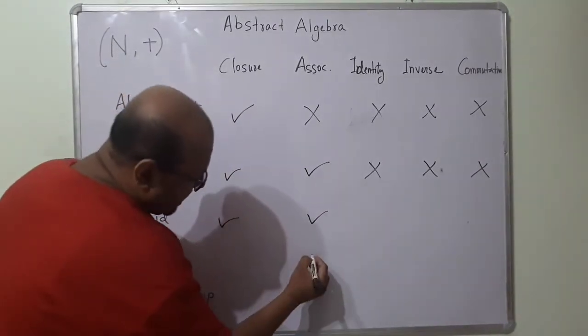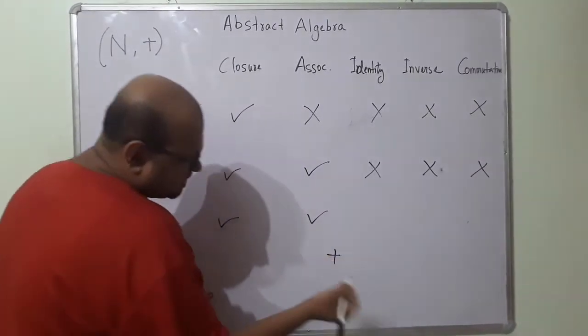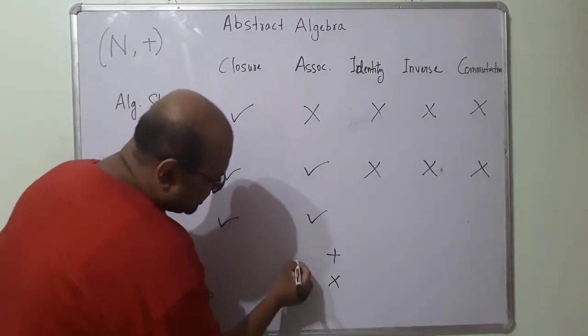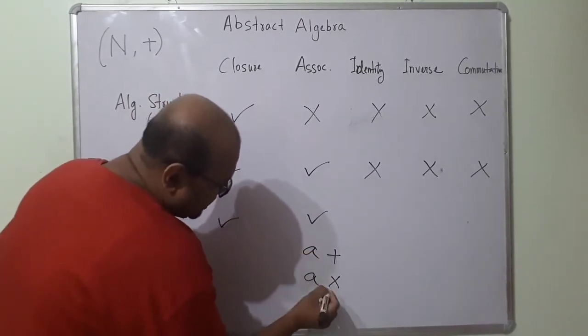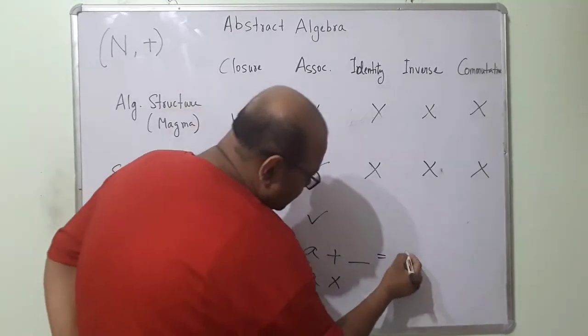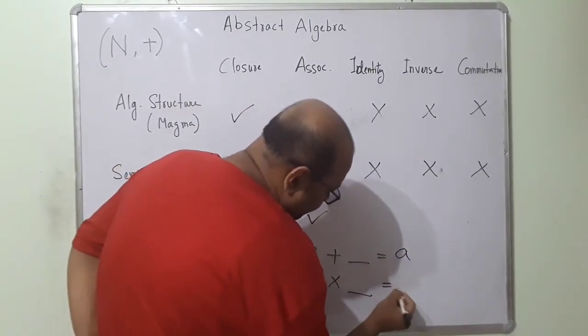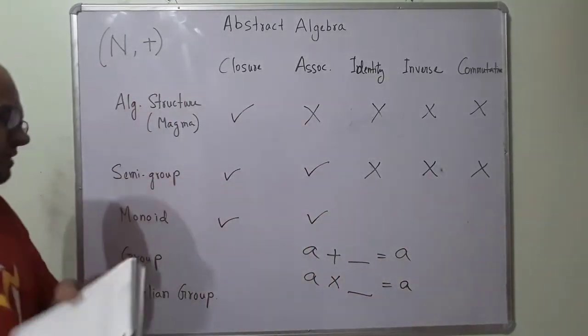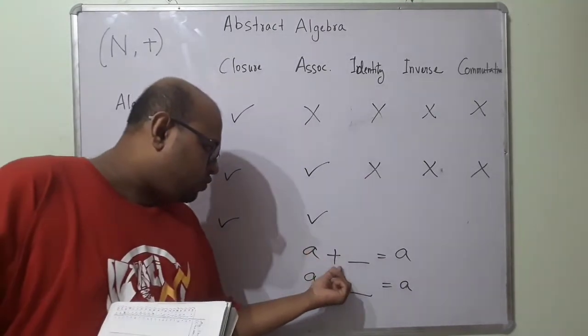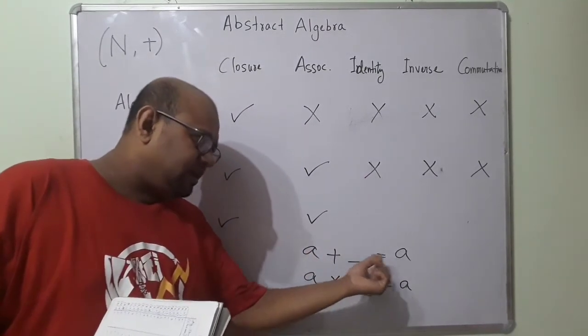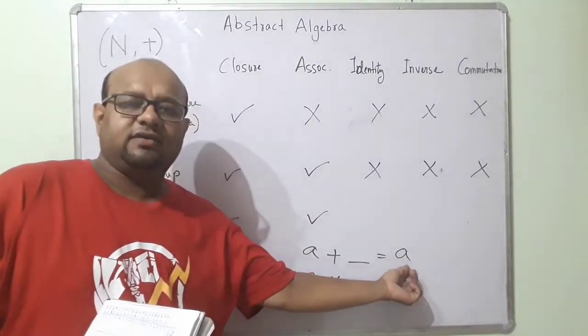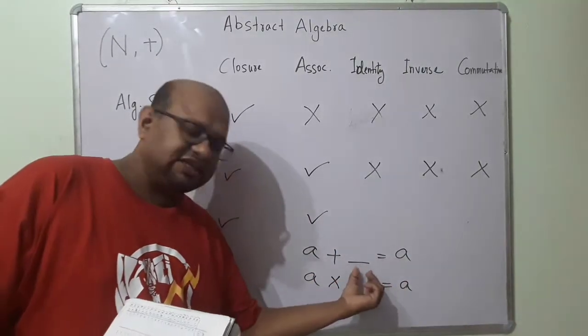Let me explain with two operations, addition and subtraction. I have some element A. When I add it with something, it should give me A. Is there something like this?